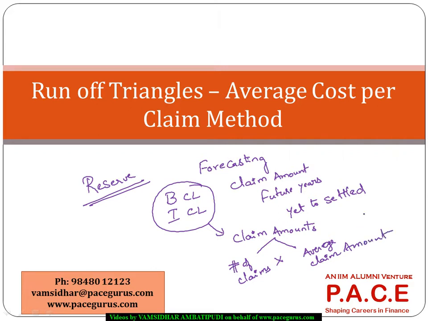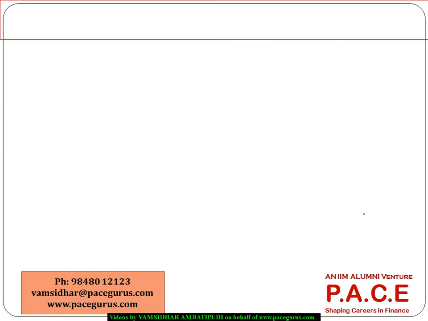But this mechanism of projection also takes an additional input, which is the number of claims in each of the processes. Because of this, we'll have triangles or development tables not just for total claim amount, but for average claim amounts as well as for the number of claims.